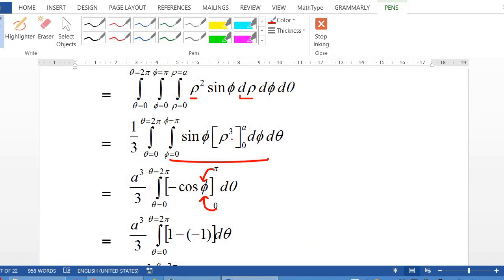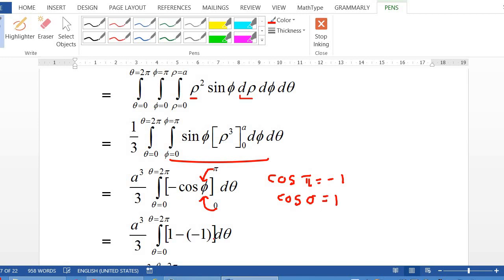Just integrate rho squared to get rho cubed over 3, plug in the limit, and you get here. Then we integrate sin phi d phi, you get negative cos phi. Take note here that cos pi is negative 1, so negative negative is positive 1, and cos 0 is 1.